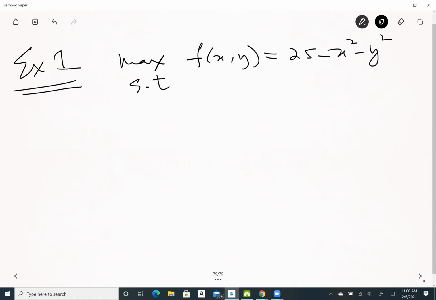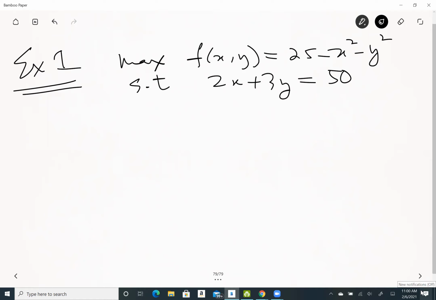Suppose you want to maximize f of xy equal to 25 minus x squared minus y squared, subject to, I use short form ST, subject to 2x plus 3y equal to 50. So that's the constraint. See here, the constraint is equal to a constant, and that is 50.